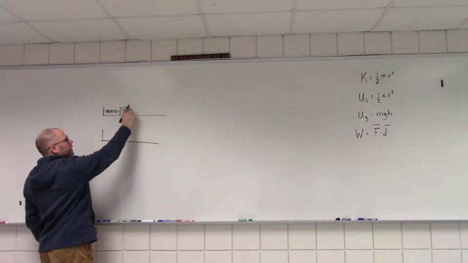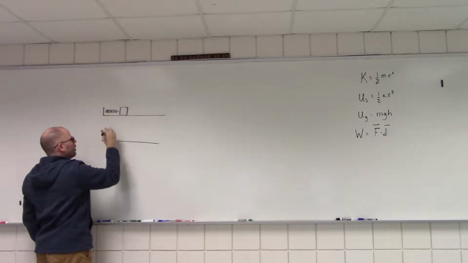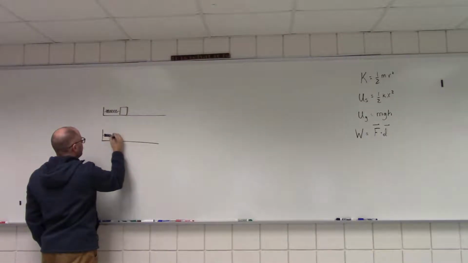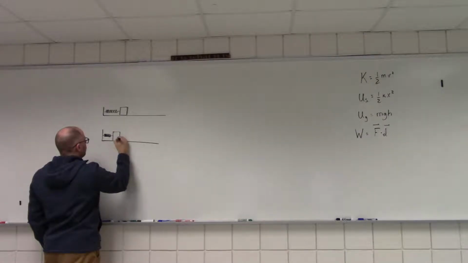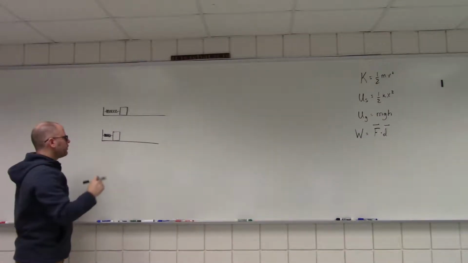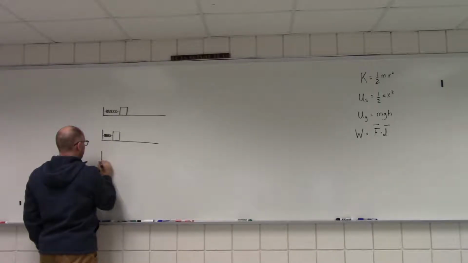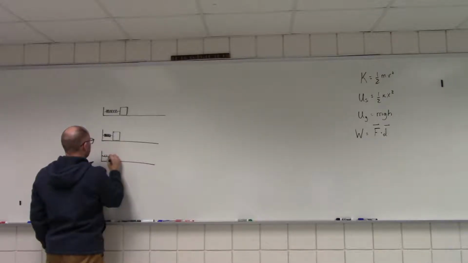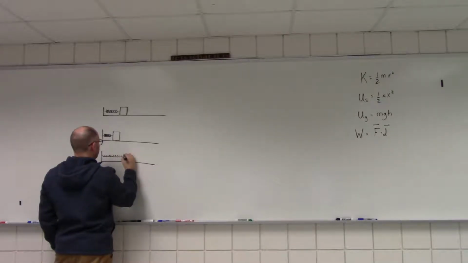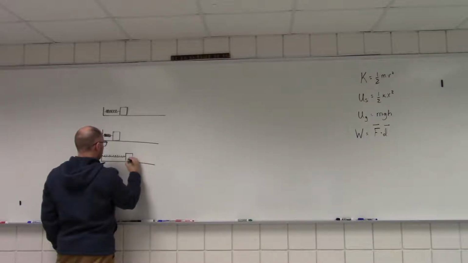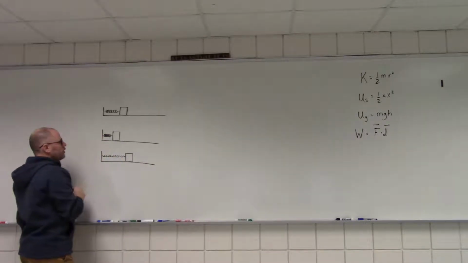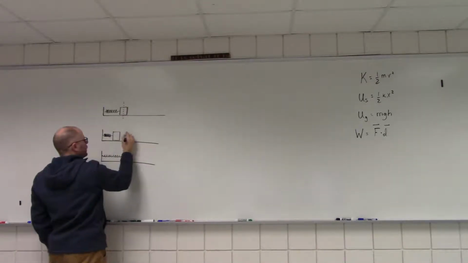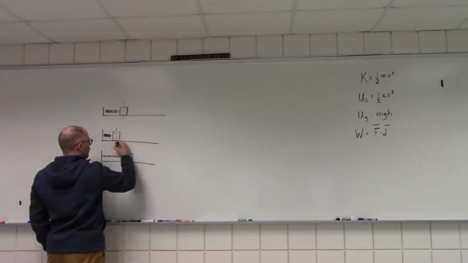If I take this box and push it in and compress the spring and then let it go, it's going to slide out. So this is the equilibrium position. This is the compression. This is the stretch.